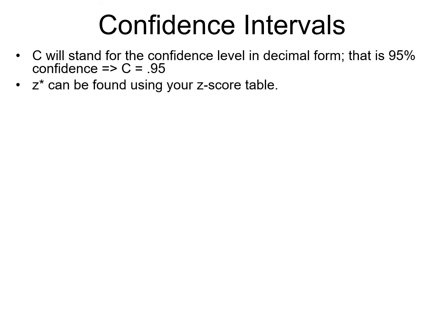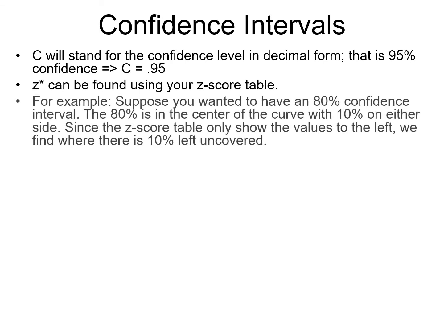The z-star is going to be used with your z-score table. So suppose you have an 80% confidence. Okay, so 80% is in the center of the normal curve, if you remember the bell-shaped curve. 10% on either side. Since the z-score table only shows you values to the left, since there's 10% on each side, we find out where there's 10% left uncovered.